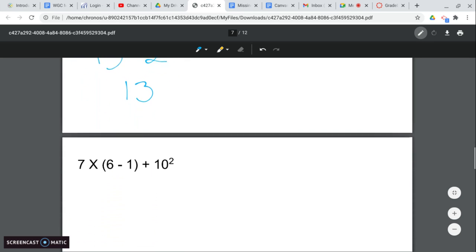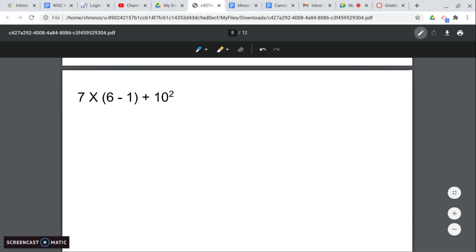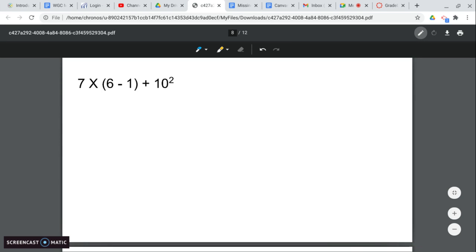All right, our next one. We have 7 times (6 minus 1) plus 10 squared. So, do we have any parentheses? We do indeed. 6 minus 1. So we have 7 times 5 plus 10 squared. Now, do we have any exponents?